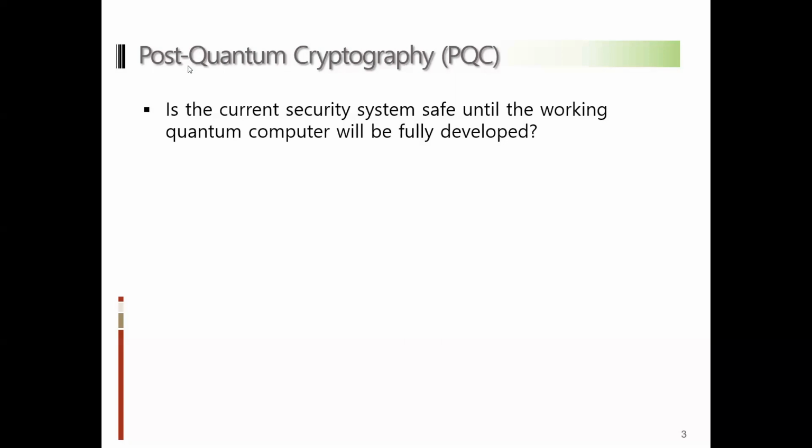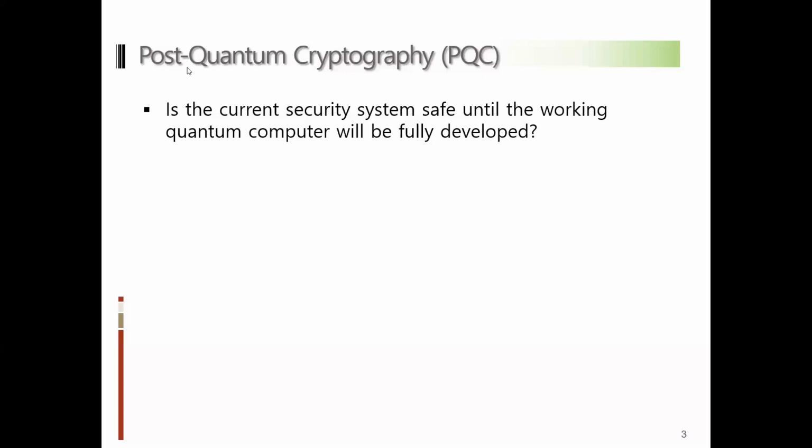As I mentioned before, RSA is one of the popular methods to encrypt most secure messages at this moment. But we know that quantum computing is threatening the RSA method.